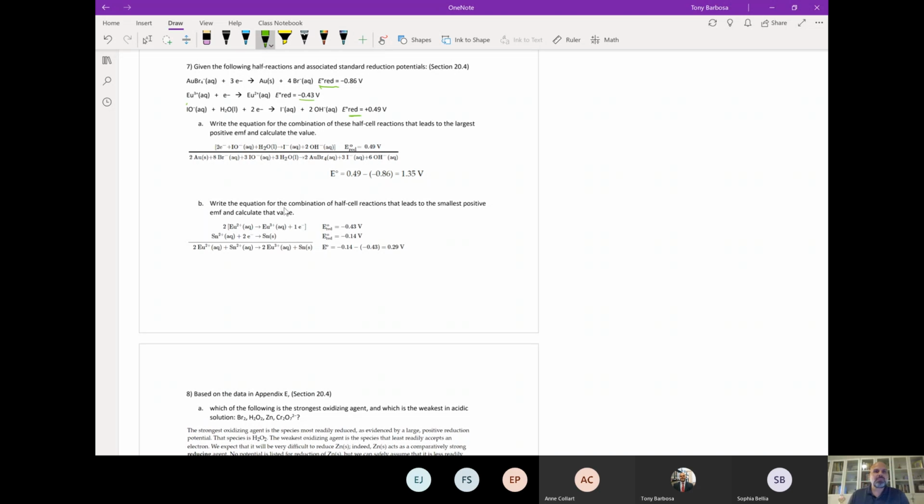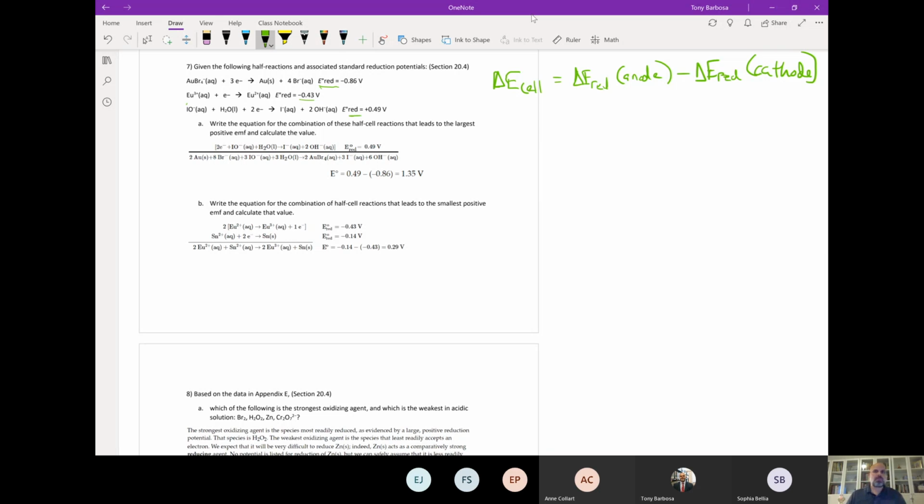Well, in order to do this, you would need to think in terms of, if you want the largest EMF, right, because you have your delta E of the cell, which is the delta E reduction of the cathode minus delta E reduction of the anode.